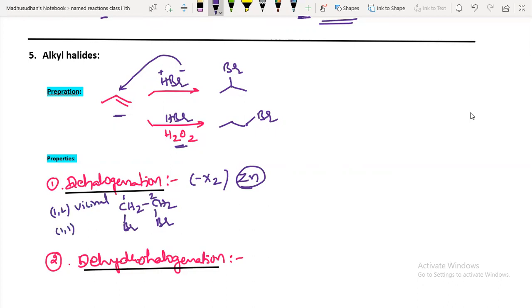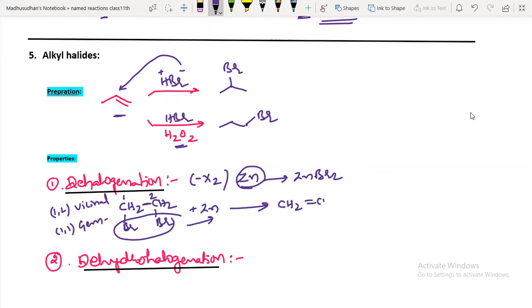If they are at 1, 1 position, we call it gem dihalides. So on reaction with zinc, zinc will convert into ZnBr2. That means 2 bromines will be taken out by zinc. So now you have a single bond here. That single bond becomes a double bond now, and the byproduct is ZnBr2.